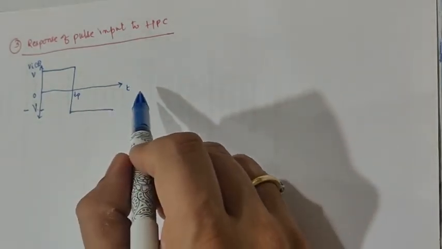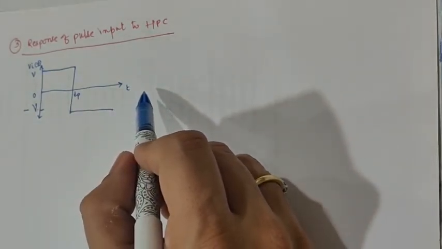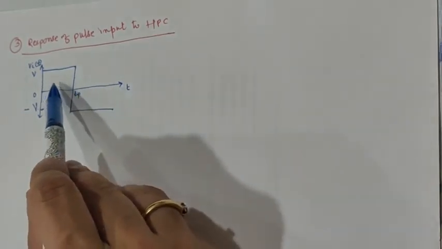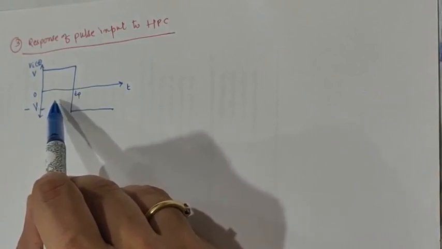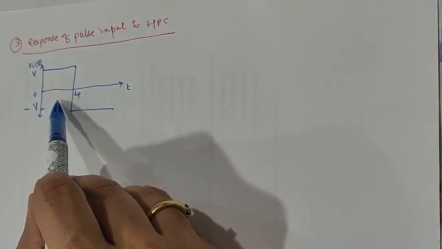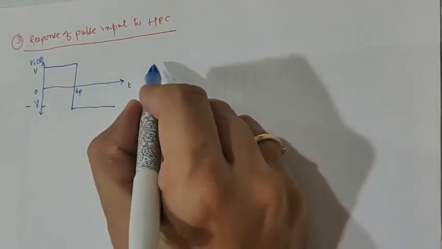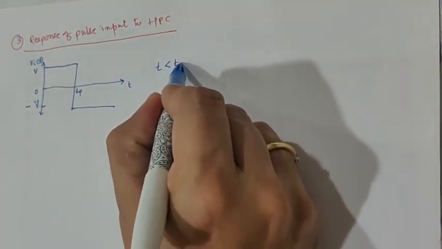Now remember this, for the time less than tp, the input is similar to the step input that we have seen earlier, and hence the response of the high pass circuit is going to be the same for t less than tp.